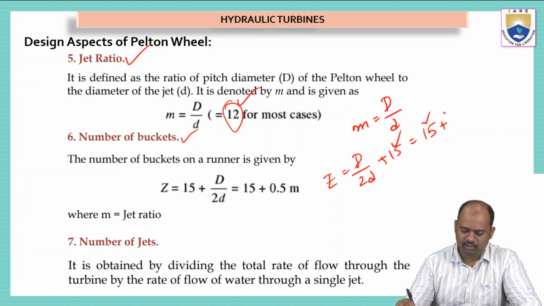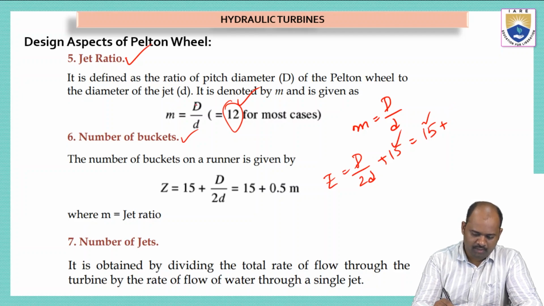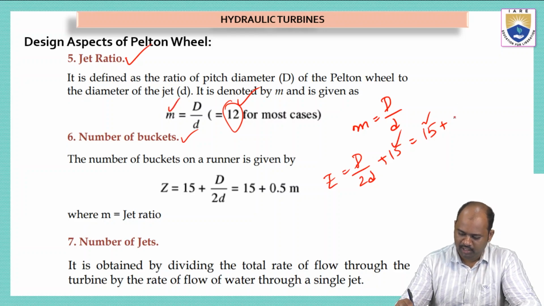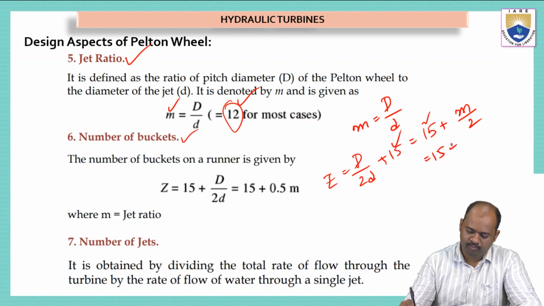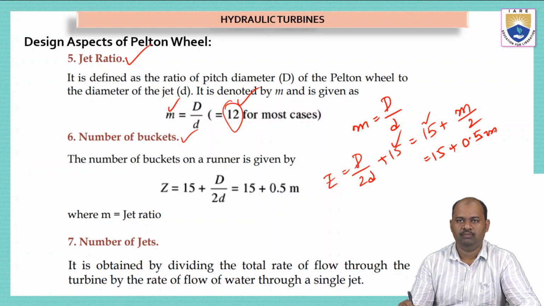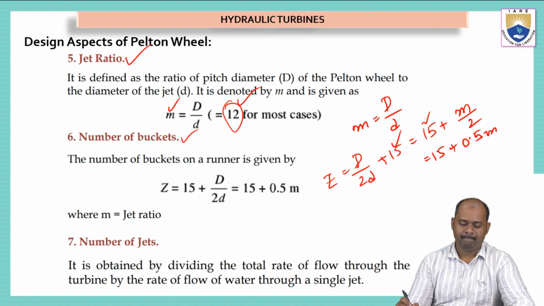And capital D by 2d, capital D by small d is small m, so we can write m by 2. So this is simply written as 15 plus 0.5 into m.